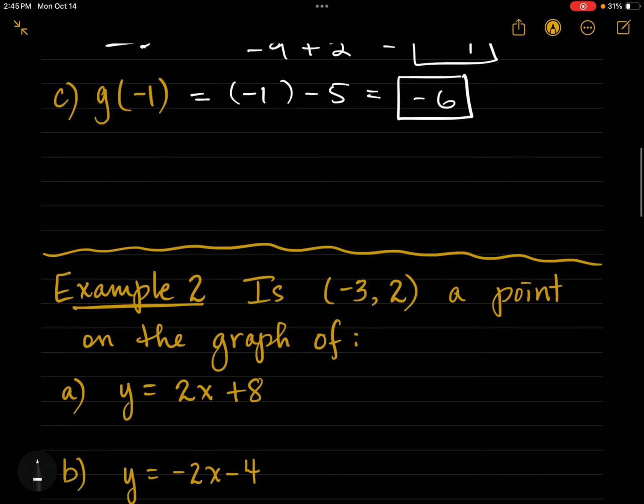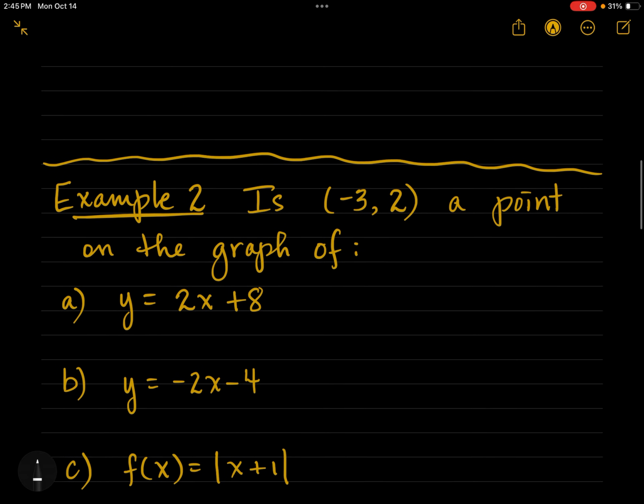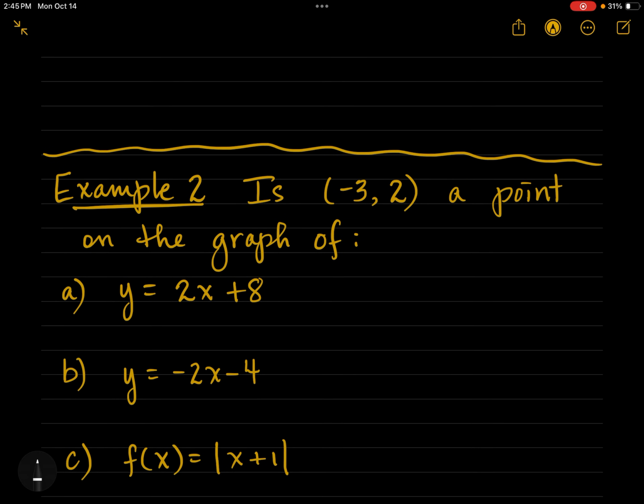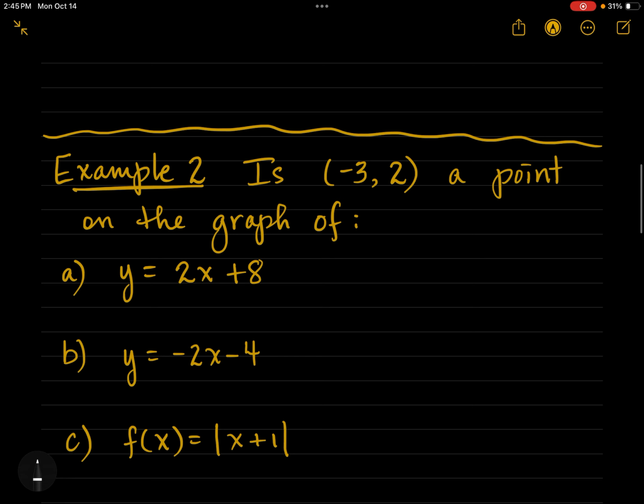Example 2. Is -3, 2 a point on the graph of each of these? Well, first of all, if I graph this, I would get a line. What I want you to understand is that this is simply x and y, and if you plug in the 2 for y and the -3 for x, you're just asking, will you get a true statement?